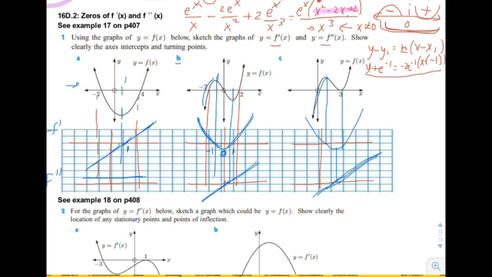And this point here would be probably about 1.5 or something. Then this starts to go up again at 3, and this point here would be halfway in between.